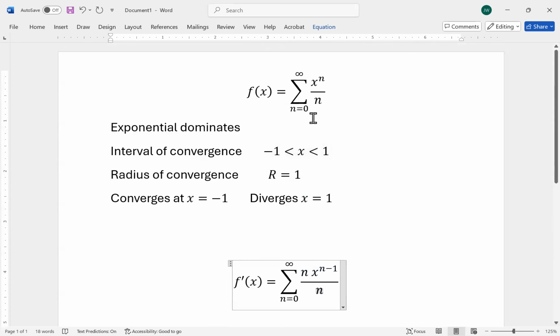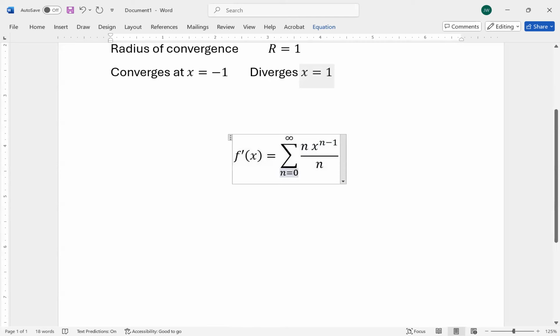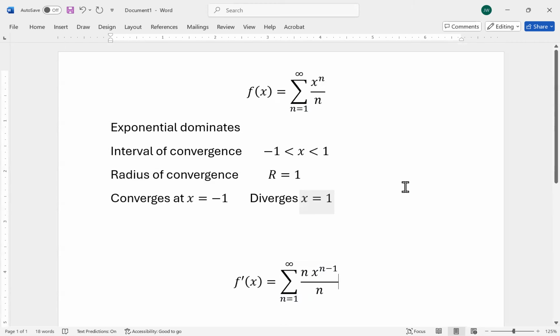Oh, you know what? I'm sorry. Let's pretend we start at n equals 1 because we don't want to start with dividing by 0. Sorry, I just noticed that. So let's start with n equals 1. Now everything works out nicely.